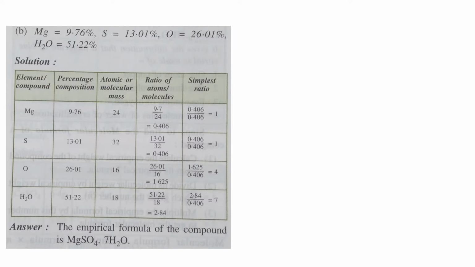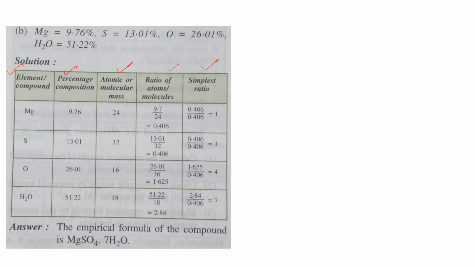The B part of the numerical: magnesium, sulfur, oxygen and H2O, all the percentages are given. Now H2O is a compound, so in the table you have to write the first one, elements or compounds, percentage composition, atomic or molecular mass because water molecule is present here, then ratio of atoms or molecules and then simplest ratio.